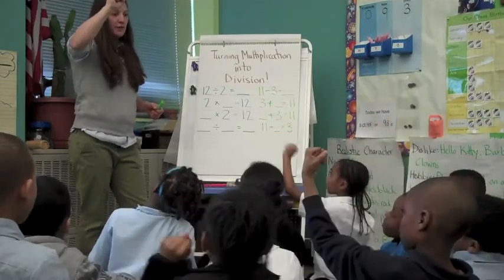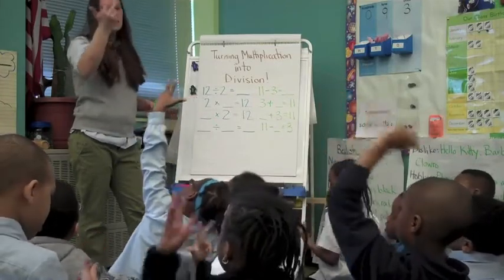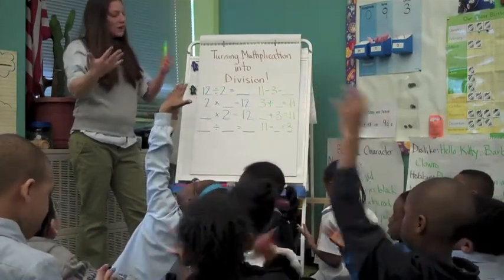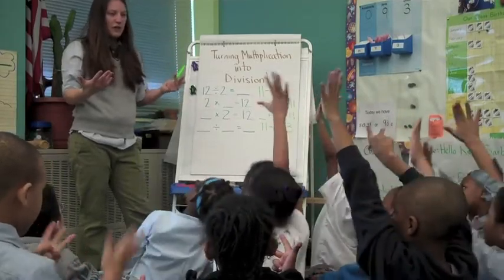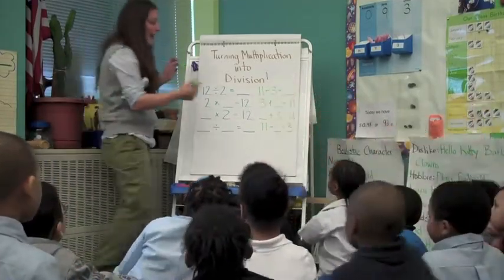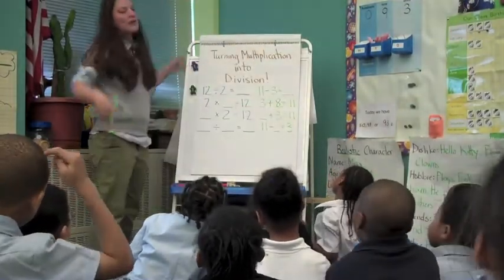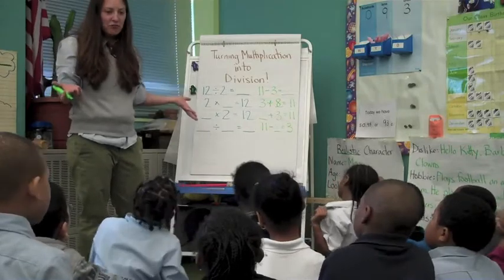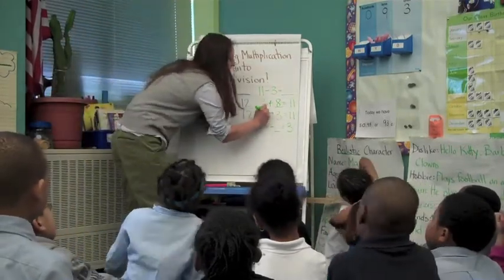So we have 3, 4, 5, 6, 7, 8, 9, 10, 11. How many fingers do you have up, Marcus? 8. So the answer is 8. Now if I put 3 plus 8 equals 11, then 8 plus 3 has to equal 11.